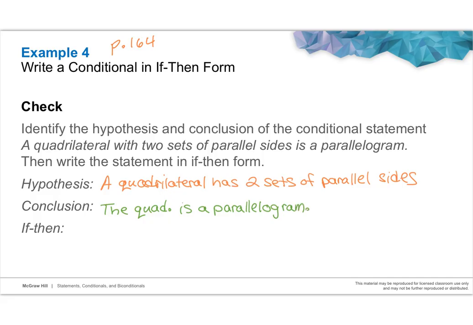Putting that together into an if-then statement, we would say if a quad has two sets of parallel sides, comma, then it is a parallelogram.